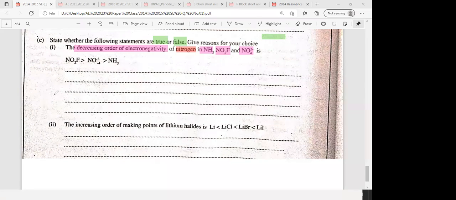Okay, let's try this. I'll give the answer like this. Please write here. When the oxidation number increases, electronegativity increases.